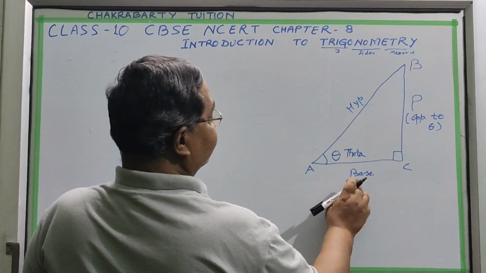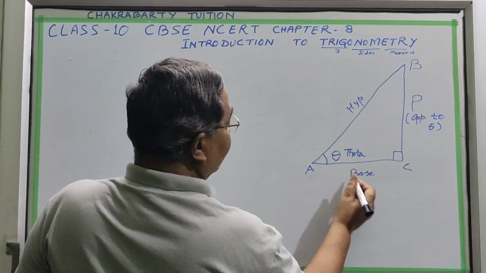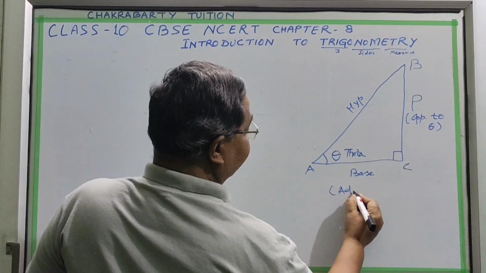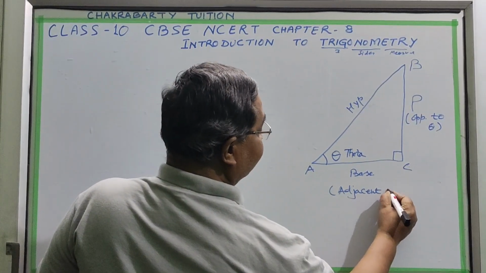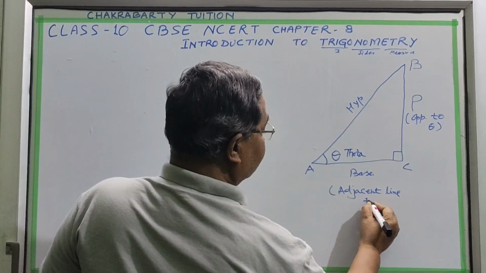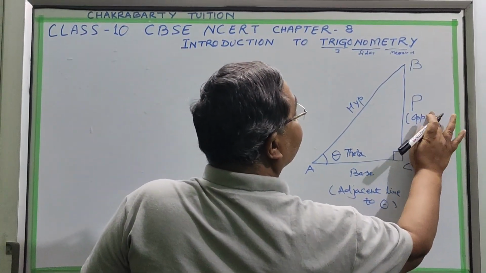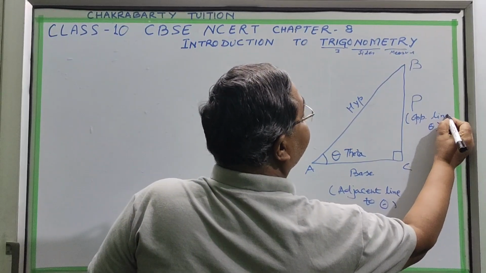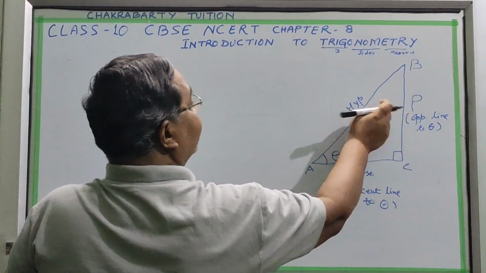And this is just nearby, so it is known as the adjacent line to theta. Adjacent line, opposite line to theta.